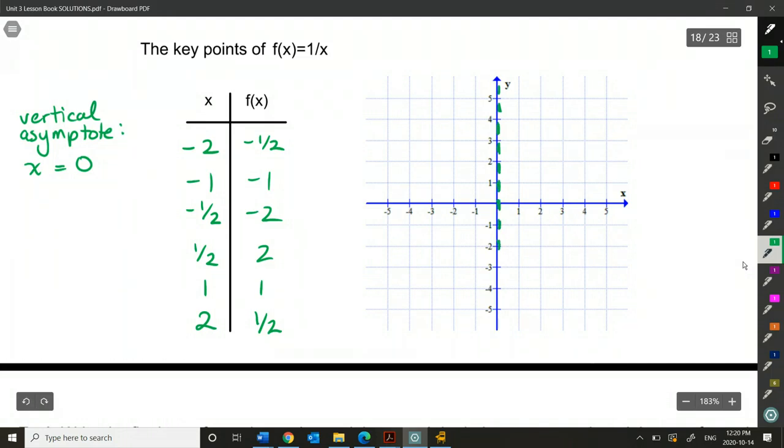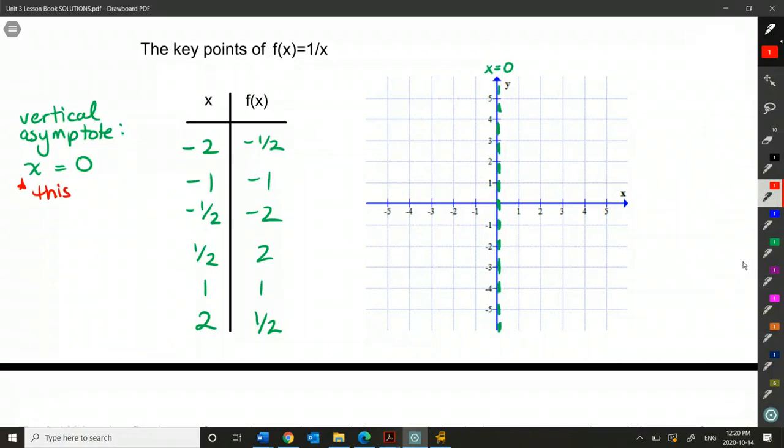When I draw these graphs, I'm going to indicate these vertical asymptotes just with a dotted line, and I'm going to label them with their equations. This guy is going to shift left and right with the d-value shift. So whatever the d-value shift is, that's going to be your new vertical asymptote location.